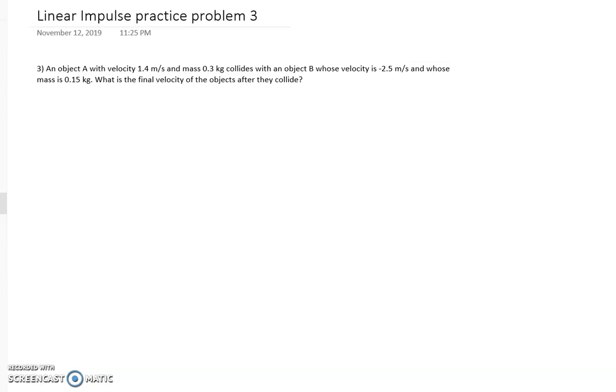Okay, so now I'm gonna solve problem 3 in the linear impulse practice problems. We're talking about an object that has a velocity of 1.4 meters per second in the positive side. Let's just start with a frame of reference here.